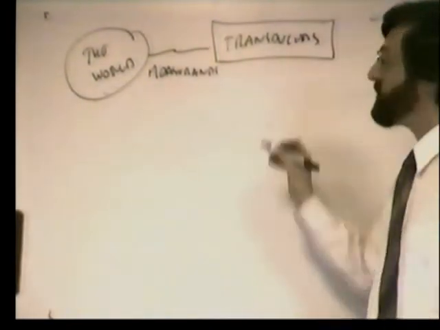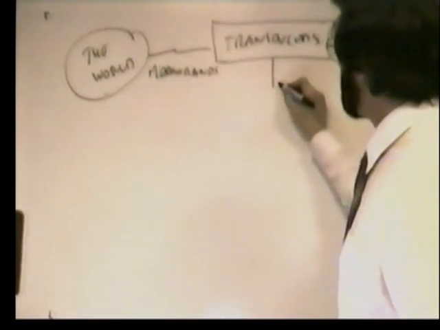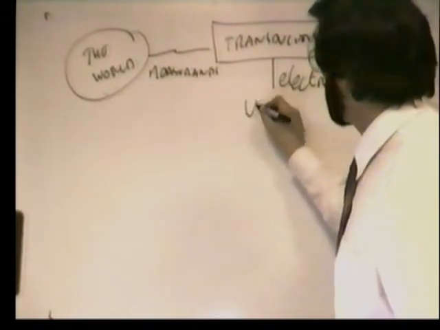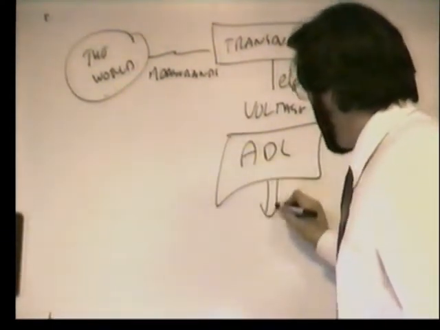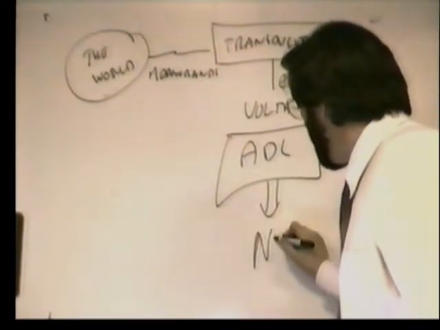Using transducers, we finally got out some electrical signal. Now, if that was a voltage, we can now put that into our ADC, and out comes a number.